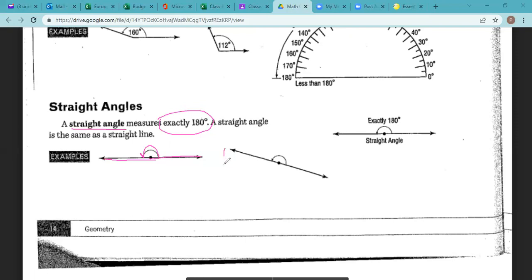Now, again, these angles could be different ways. It could be up and down, straight up and down. And again, that is a 180-degree angle, and it is a straight angle. All right.